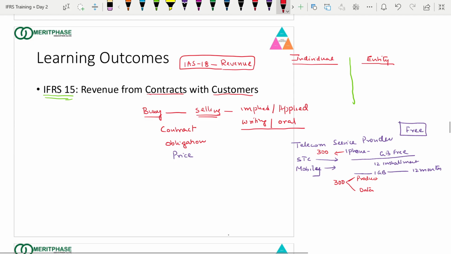We have to differentiate how much is the value of the product and how much is the value of the data. This is where we are saying contract, obligation, price, allocation. We have to allocate it under different segments.